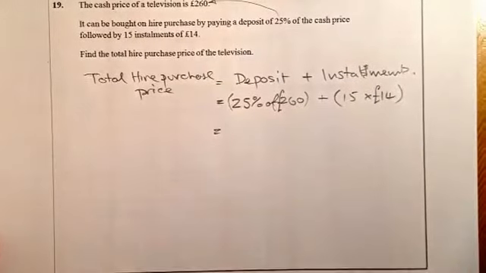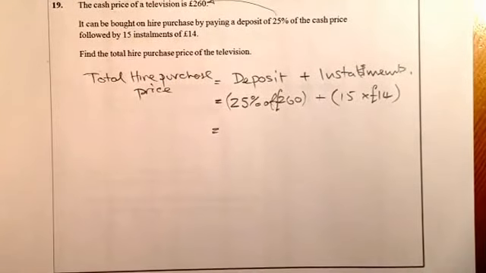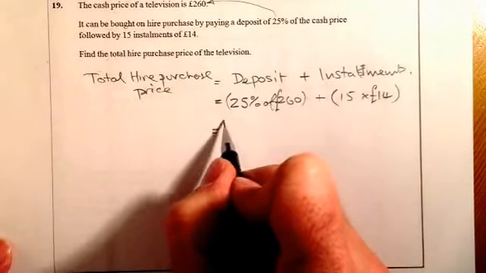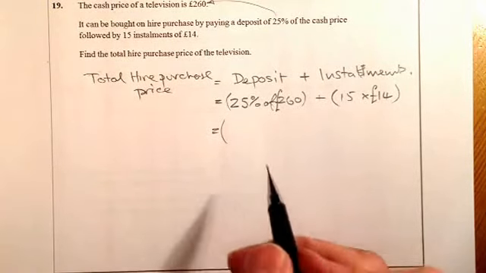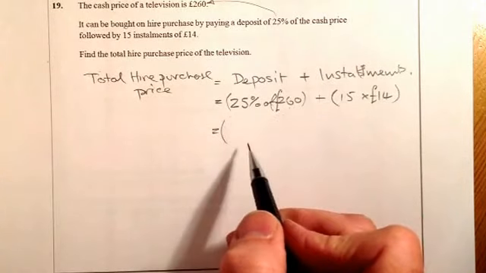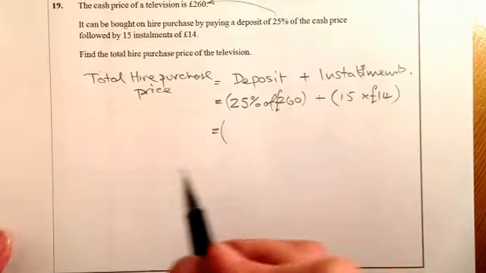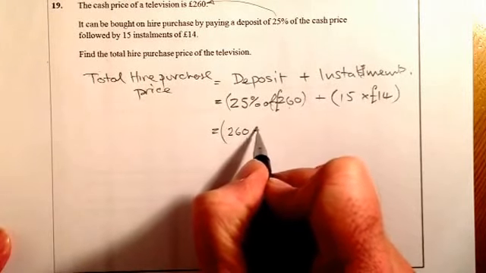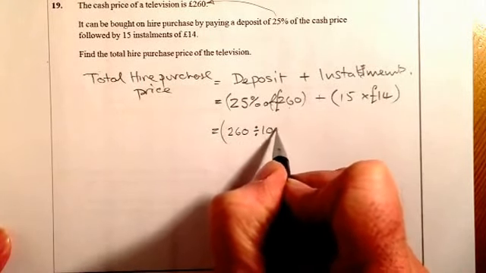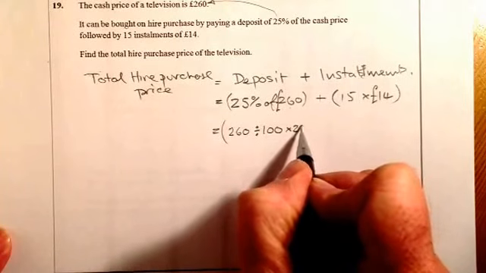So let's work out this part first. This is a percentage question. On the calculator, for 25%, some people might know it as a quarter, so I would just quarter 260, which is just dividing it by 4. I could half it and half it again, that's another way I could do it. If I've got the calculator, I'll start with 260, divide it by 100, and times it by 25.